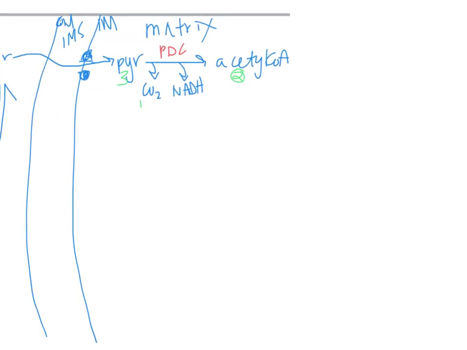All right, so we're going to start with OAA, which is called oxaloacetate. And this is a 4-carbon molecule. And it's actually the last molecule in this cyclic cycle. But the reason we're starting with it is because the last becomes sort of the first. So this 4-carbon molecule will combine with a 2-carbon molecule to make something that is 6 carbons. 4 plus 2 is 6, and that's called citrate.